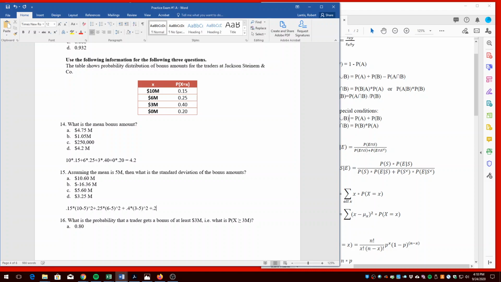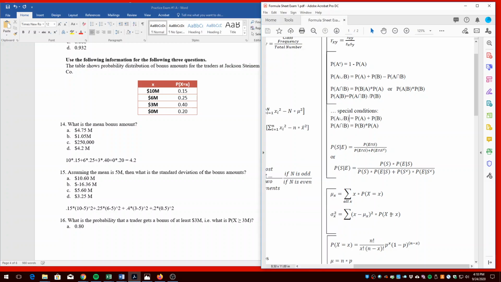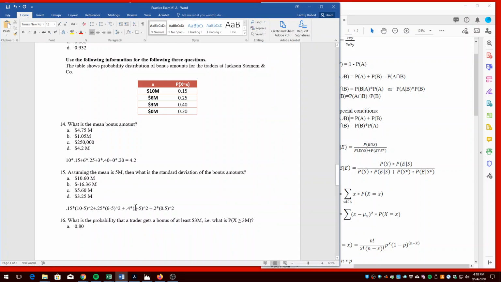It shouldn't be too bad. And that will give me my variance, right? There's no denominator because the sum of the probabilities is 1. So once I find this, if I want the standard deviation, I still have one more step, right? That one more step is taking the square root of whatever this is.